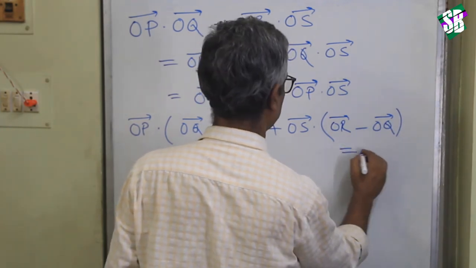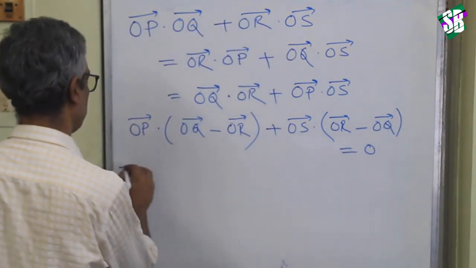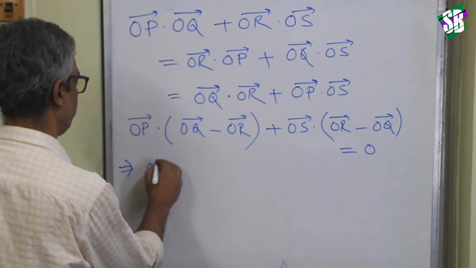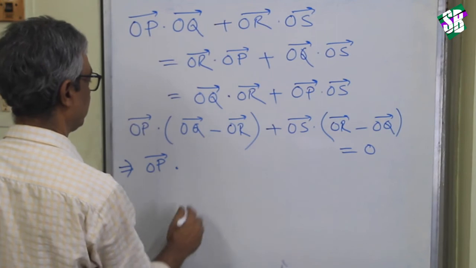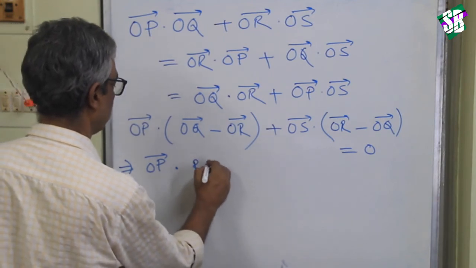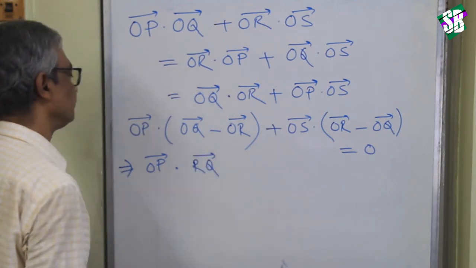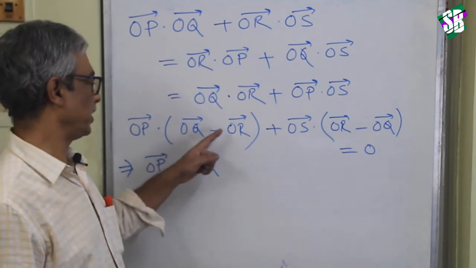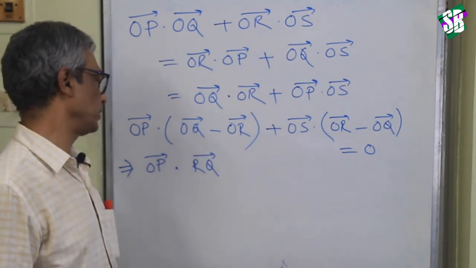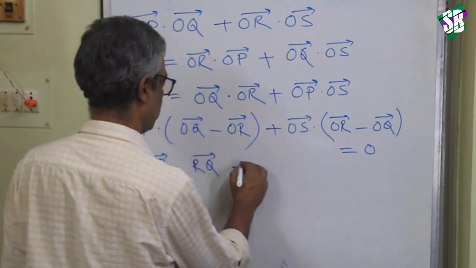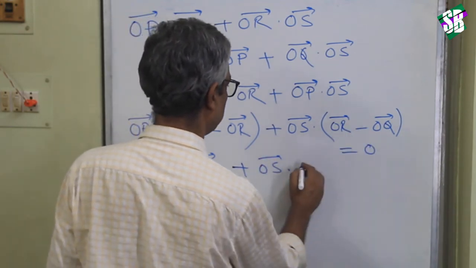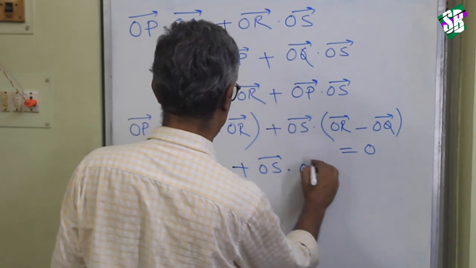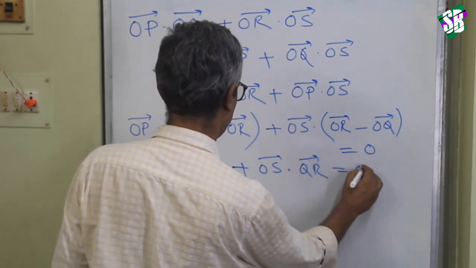Okay, so this is equal to 0. So this is OP vector dot, what is OQ vector minus OR vector? This is RQ vector, right? OQ vector minus OR vector is RQ vector, and this is OS vector dot QR vector equal to 0.